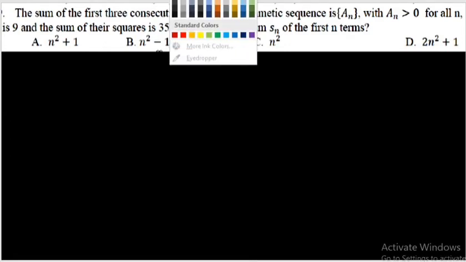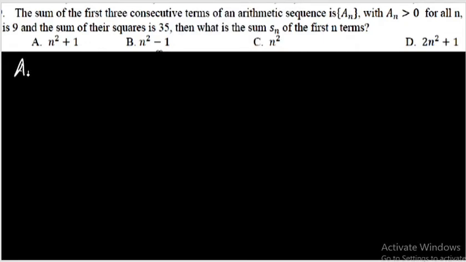So what to do? Let us say the first term, a1, let it be x. Obviously a2 is equal to x plus the common difference, which we don't know, d, and a3 is equal to x plus 2d. It continues in this way.